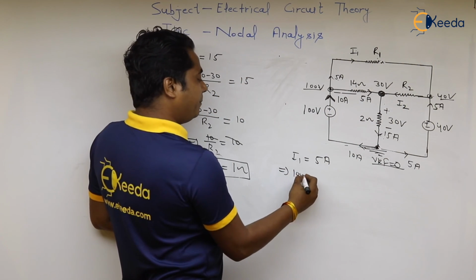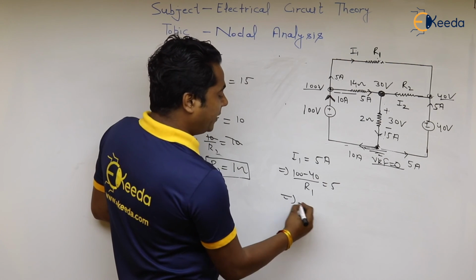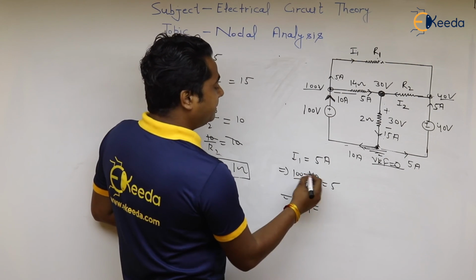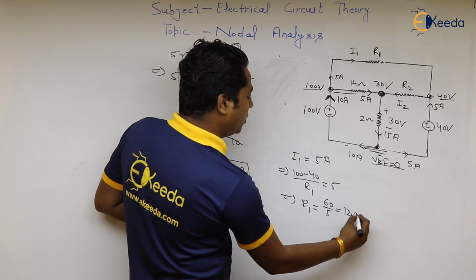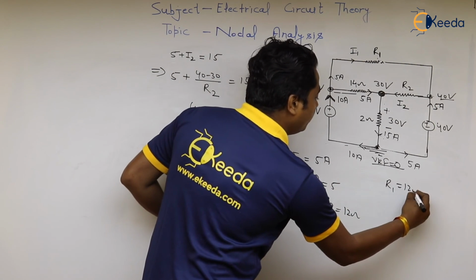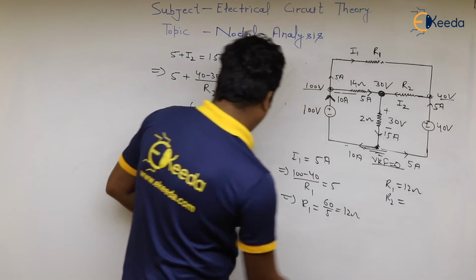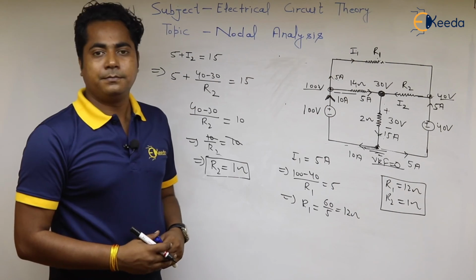So 100 minus 40 upon R1 is equal to 5. So the value of R1 is equal to 60 upon 5, which is 12 ohm. So the R1 value is 12 ohm and the value of R2 is 1 ohm. Thank you.